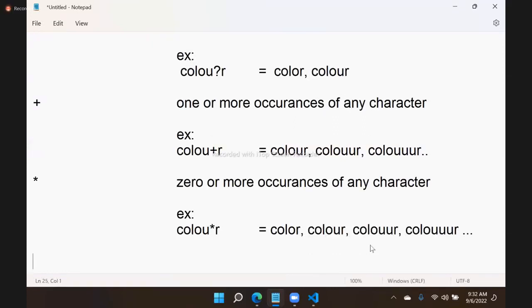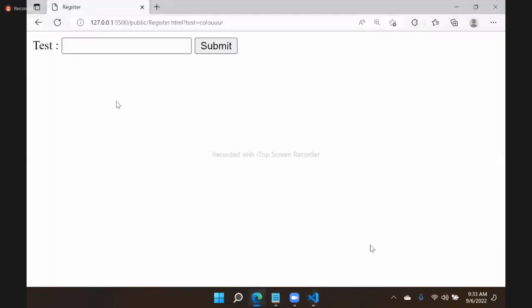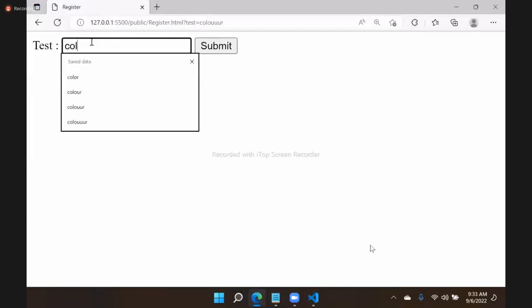That means what does asterisk indicate? Asterisk indicates that occurrence can be more than 1 or it can be 0. That means without U and with U. So many times it is allowed, any number of characters. In the meta characters, suppose I am using here U asterisk, then it is allowing COLOR.